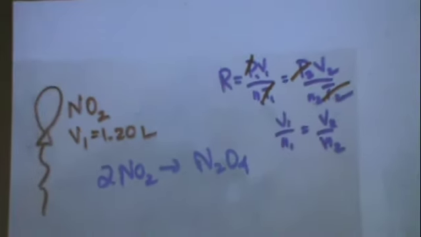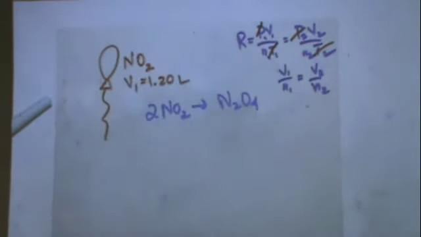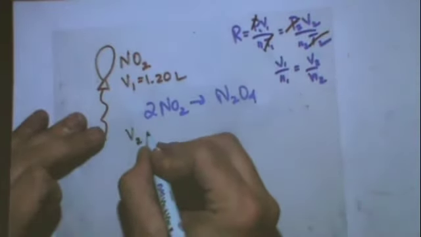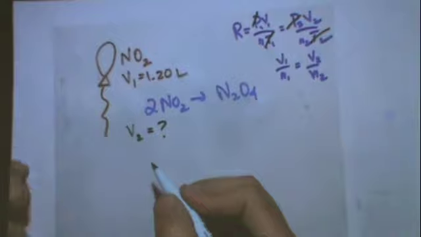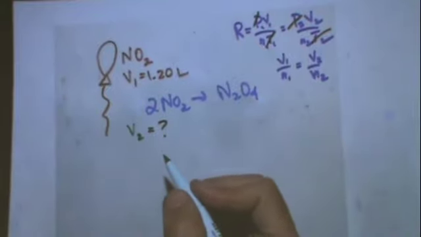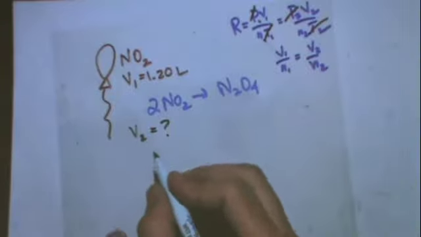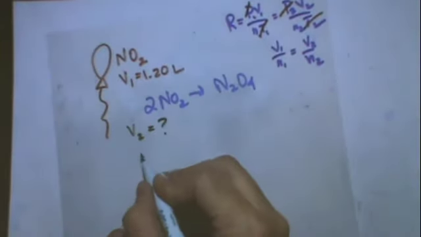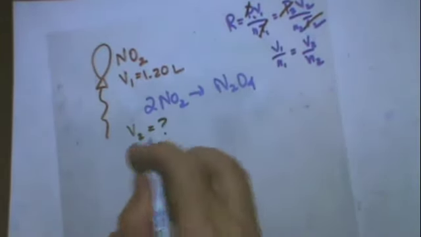Okay? Let me zoom out a little bit. Okay, so I know V1. V2 is what I'm asked about. Is that okay? Okay. Now N1 and N2 are a little bit trickier. N1, let's do it like this.